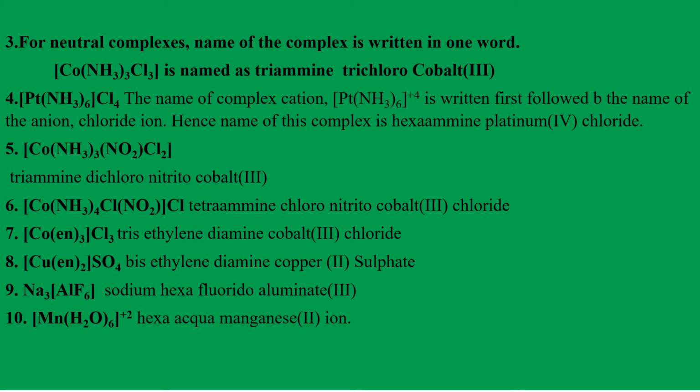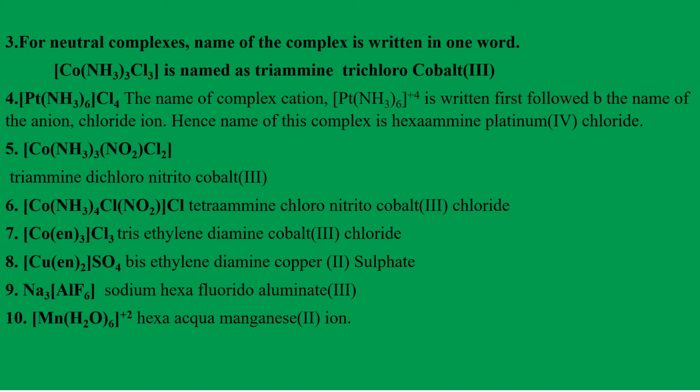Next, fifth one: [Co(NH3)3(NO2)Cl2]. 3 ligands are here: amine, chloro and nitrito. Follow the alphabetical order. So we write the name of this complex as: 3 amine groups are there, triamine.